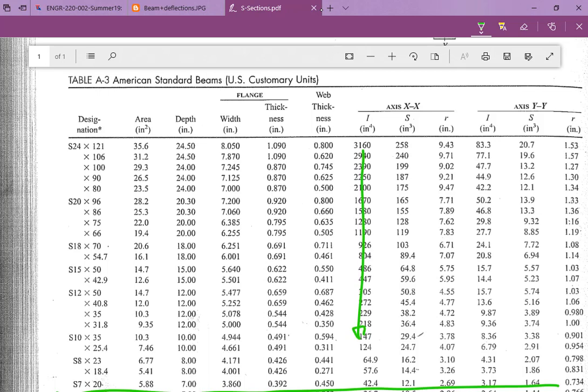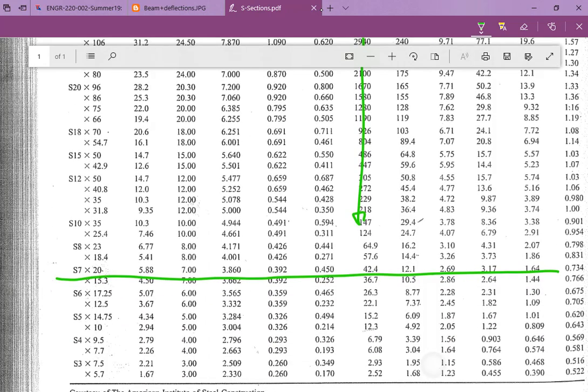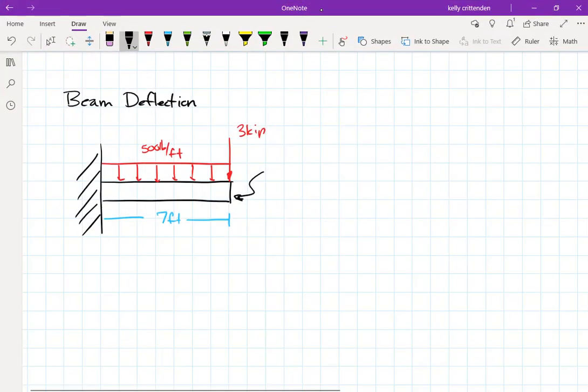So we're going to need the very bottom of the screen, 42.4. These units are inches to the 4th power. So S7 by 20, I equals 42.4 inches to the 4th. So that'll take care of that.